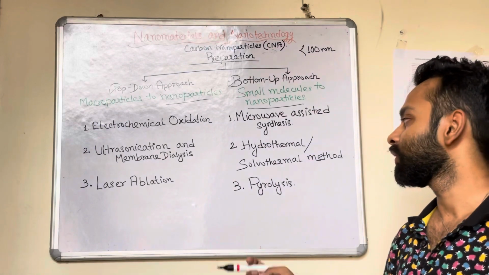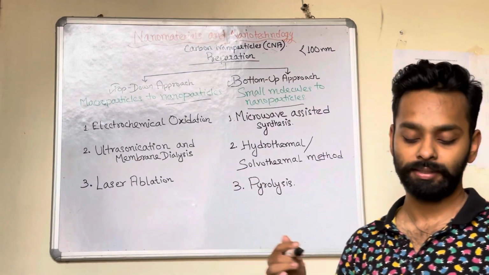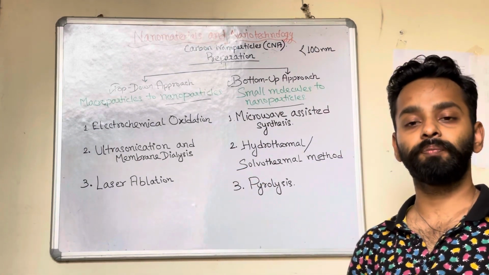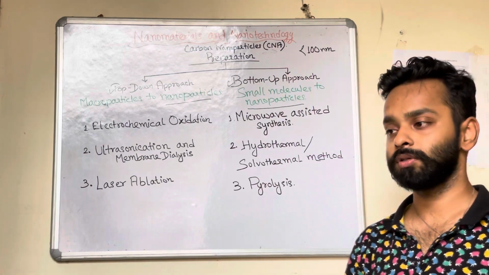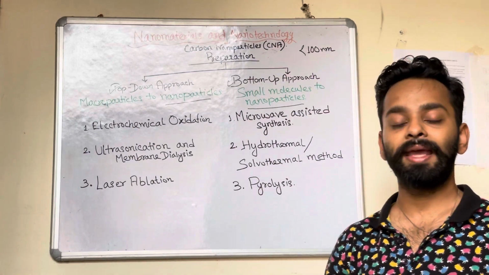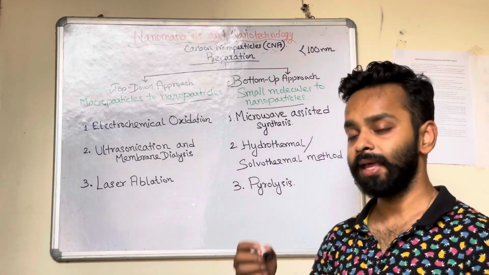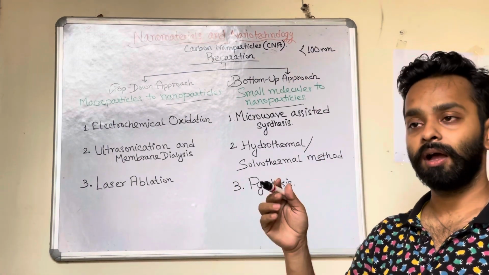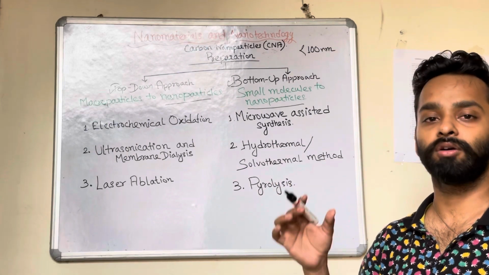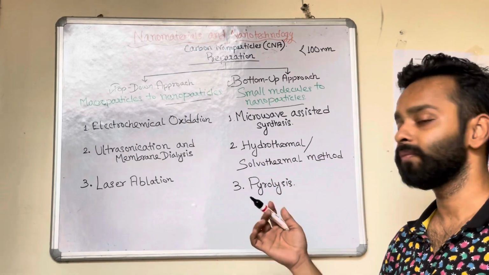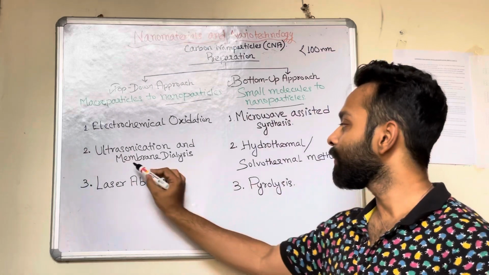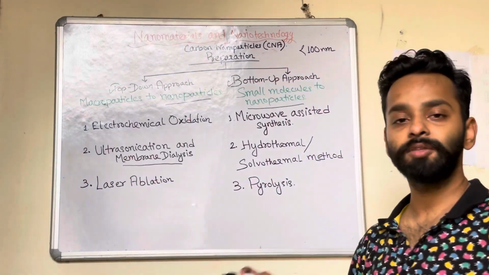In the second method, ultrasonation and membrane dialysis, the nanoparticles are produced from a carbon source using an external high energy source, and then a suitable size range of carbon nanomaterials can be obtained through membrane dialysis using a specific membrane.